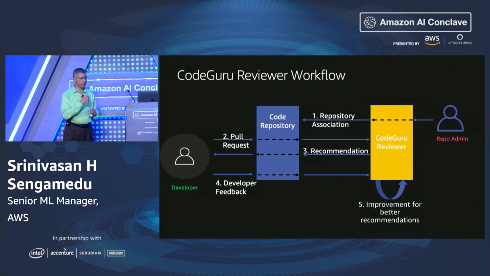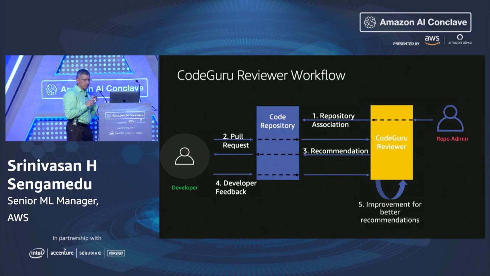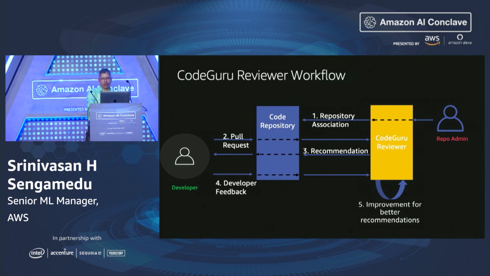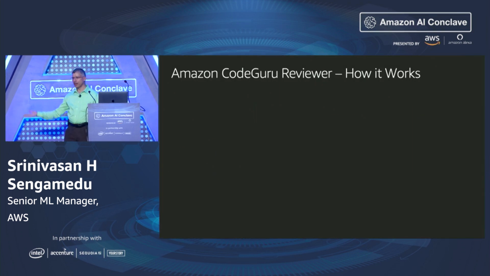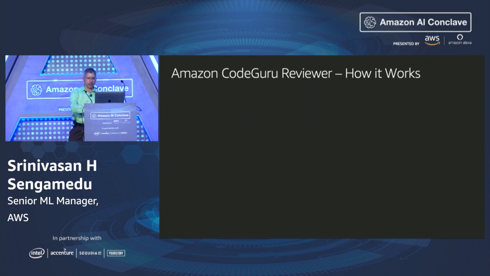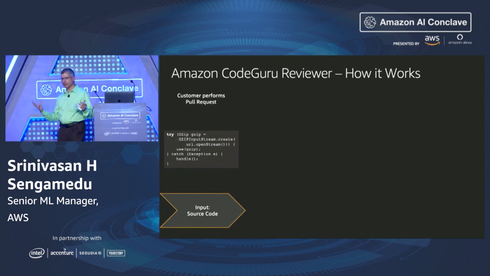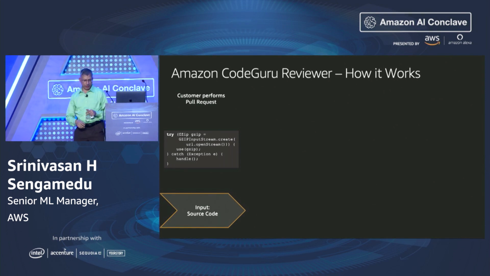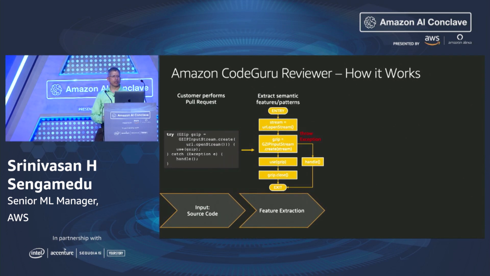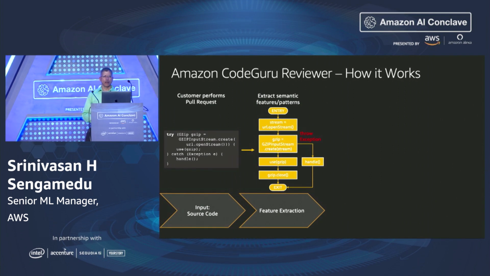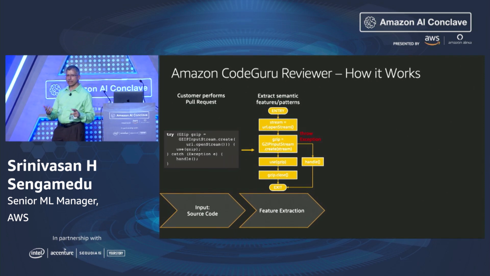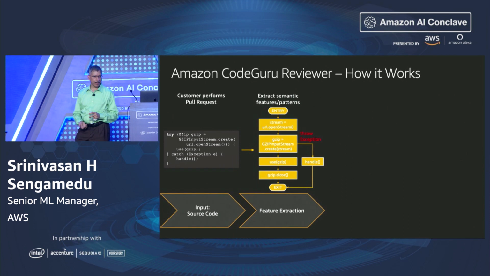So this is how CodeGuru Reviewer plugs into your workflow. And how does it work? A little bit of how it works under the hood. Let's say this is a pull request. There's a snippet of code a developer has changed. What we do is create a representation of the code which captures the syntactic patterns in the code. It captures both the data flow and the control flow aspects.